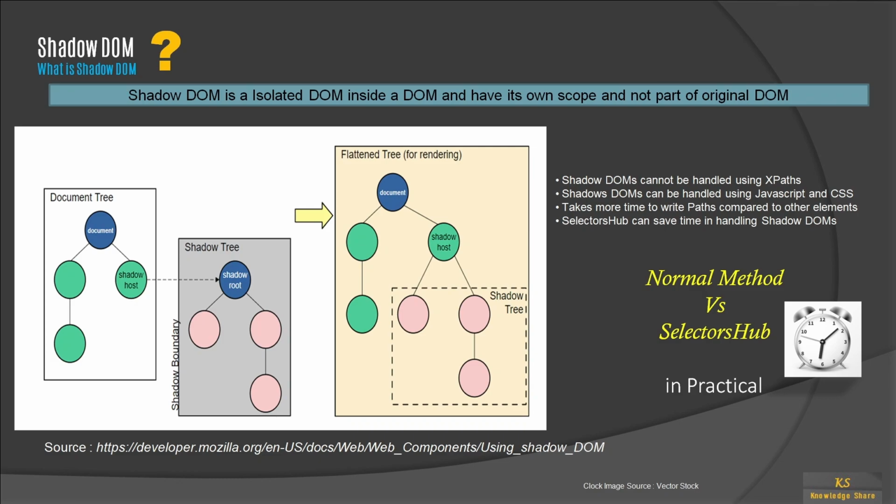Shadow DOM is an isolated DOM inside a DOM, and it has its own scope and is not part of the original DOM. If you understand the concept of the document object model, which is DOM, each and every HTML tag is in a document structure which defines how the element should be placed on a web page, right?